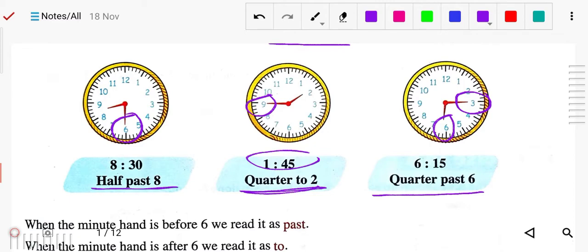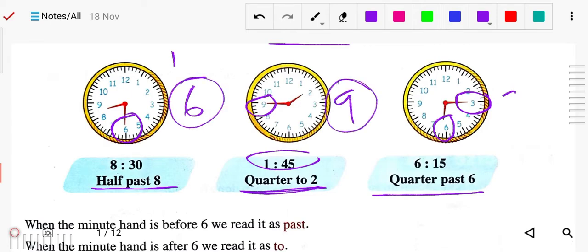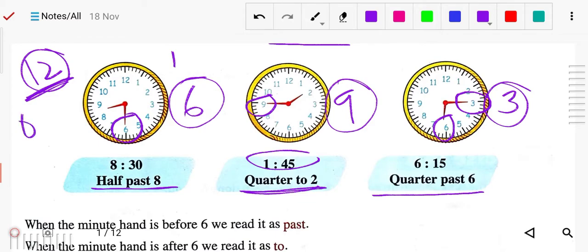What is important here is where the minute hand is: at 6, at 9, at 3, and the 12 we have already discussed. If the minute hand is on the 12, it is the exact time, so you simply write the hour and o'clock. Suppose 6 o'clock.